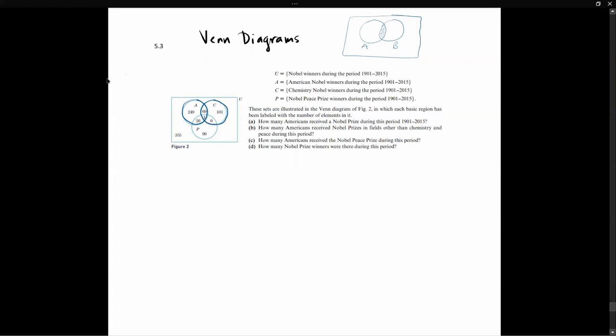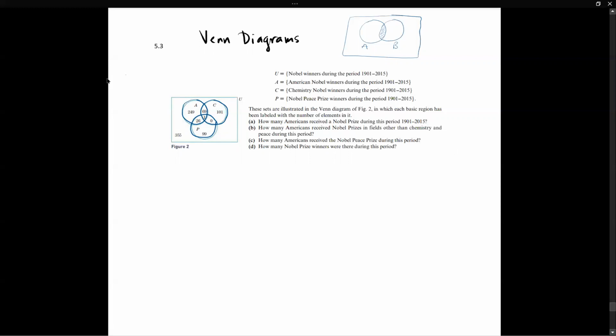As you notice here, it says chemistry Nobel winners during the period. It does not say chemistry American, for example. And P here is this set, Nobel Peace Prize winners during this period. So as you see, U, A, C, and P are from the same period.